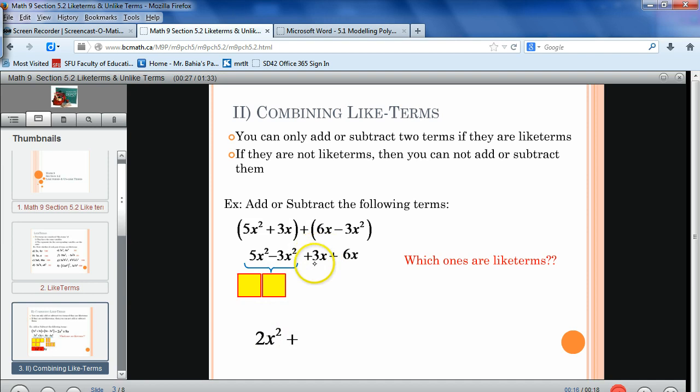Here you would have, what shape would this be? Just a regular x, that would be yellow rectangles, 3 yellow rectangles, and 6 more yellow rectangles. Add them up together, you get 9 yellow rectangles. 2x squared plus 9x.